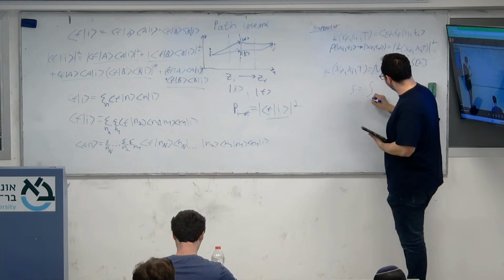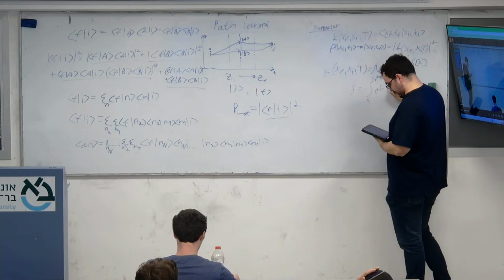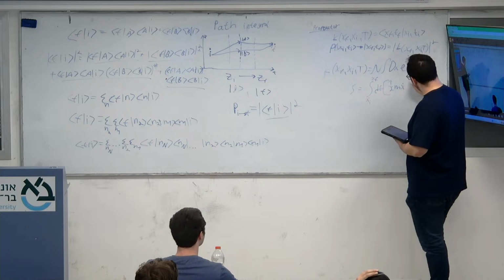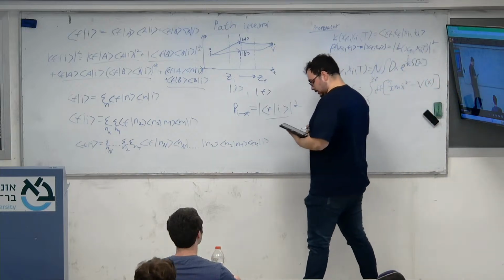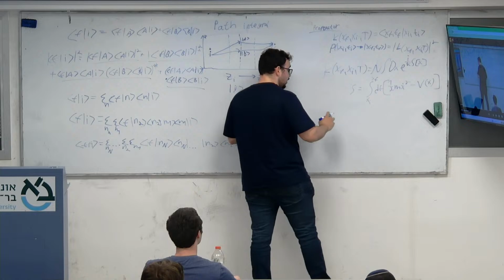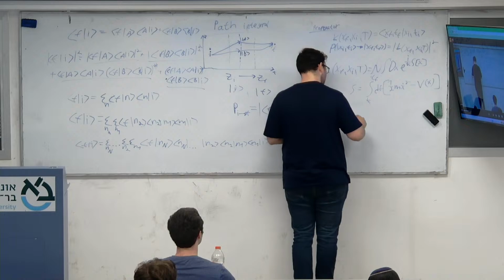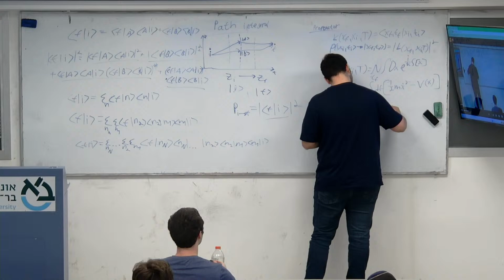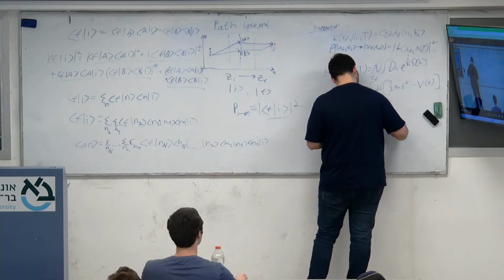Just going to write it down. F X I to X F dt, 1/2, there is the kinetic energy term and the potential term. Sorry, not X, this is T. T. And N is some normalization factor. I'm just going to write it and then I'm going to talk about the equation.